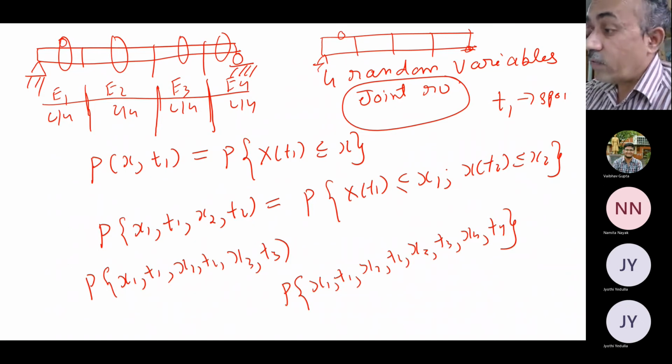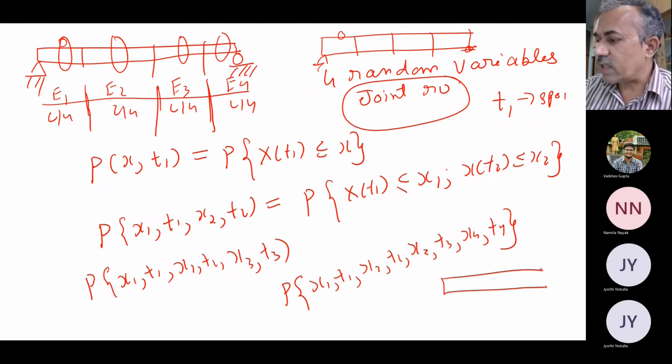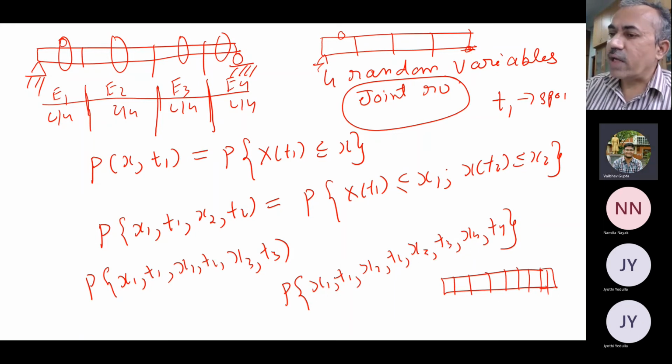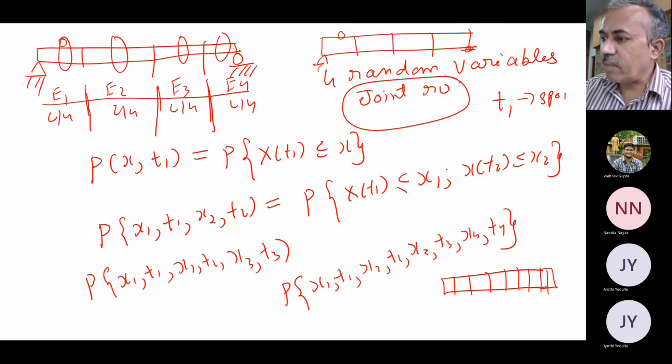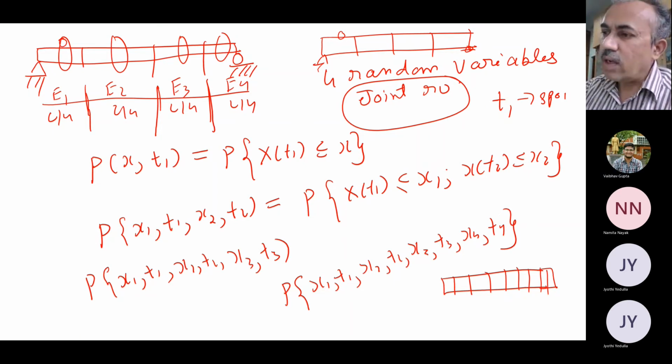What is the dimensionality of your problem? Suppose I divide the same beam into 10 pieces, and I am saying that Young's modulus is a random field. In each piece your Young's modulus is different. So what will be the dimensionality? 10D. 10 dimensions actually.